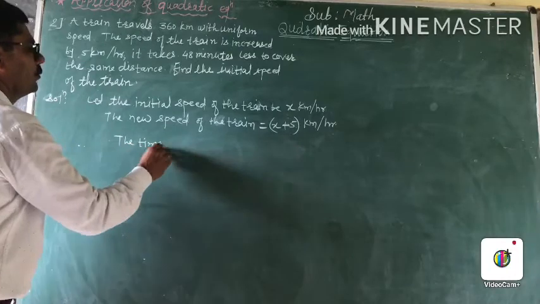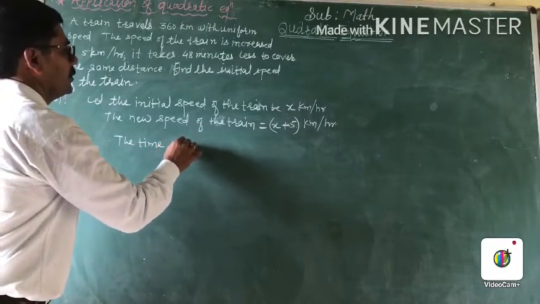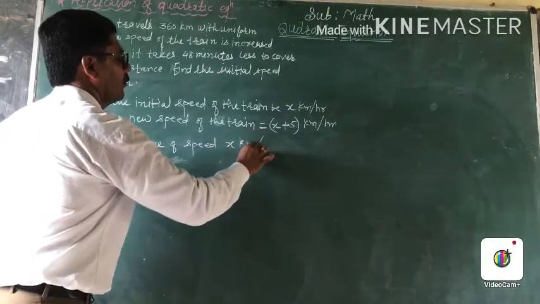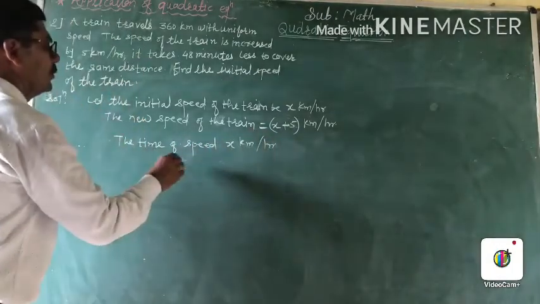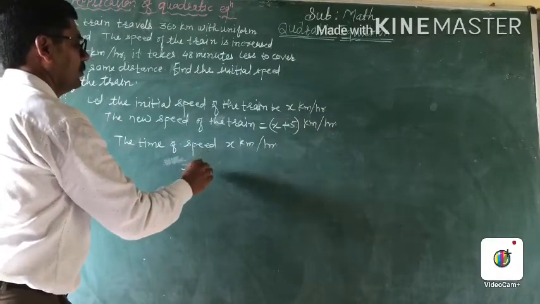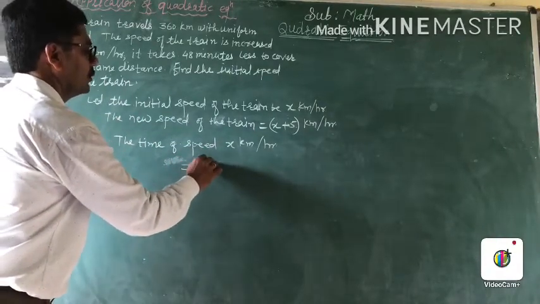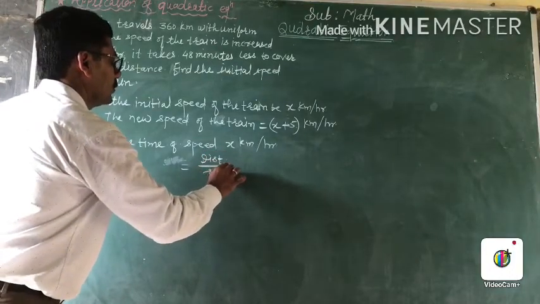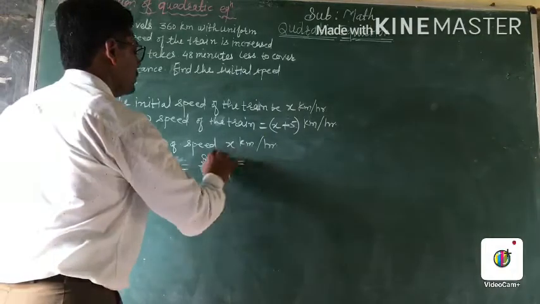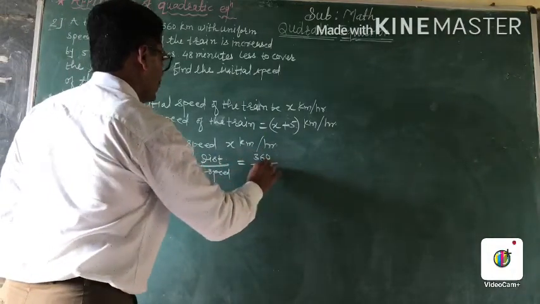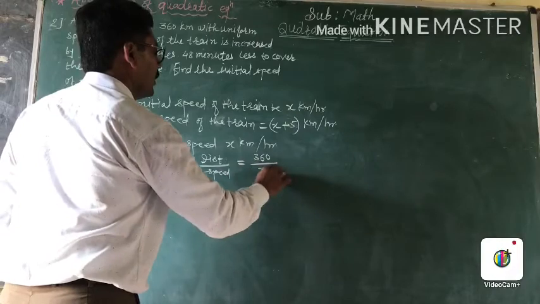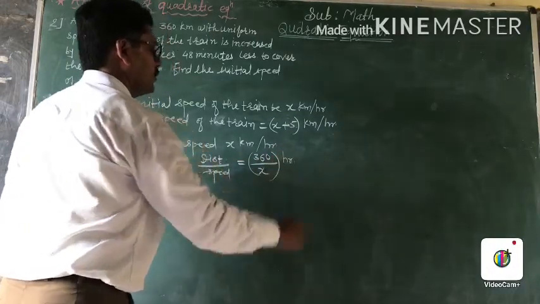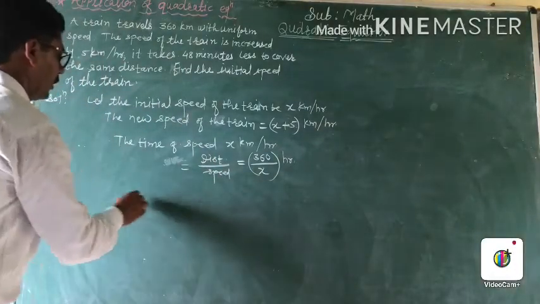Time for speed x kilometer per hour is equal to the distance divided by speed, and the distance is 360 divided by speed x, and this time is in hours.